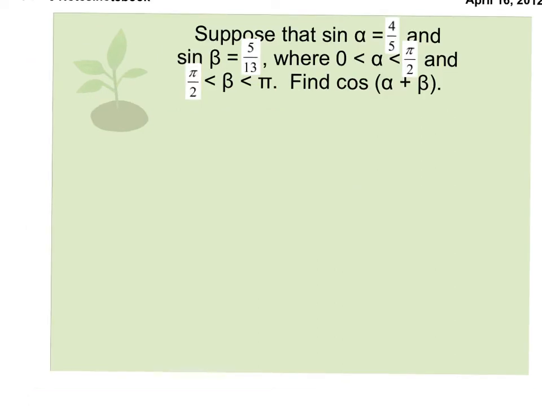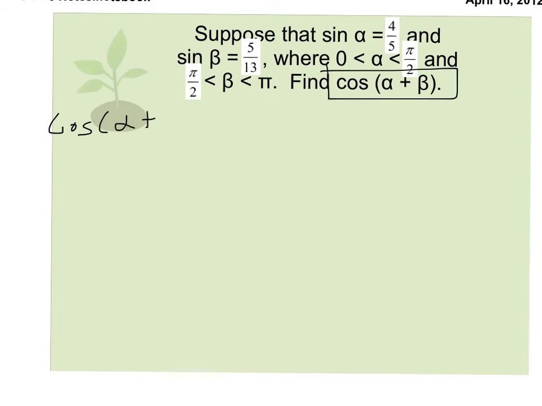Here's another one I want to get you started on. Notice right here, I'm given a bunch of information. I've got two angles, alpha and beta, and I want to find the cosine of alpha plus beta. Well, I'm going to refer to my formula right away.